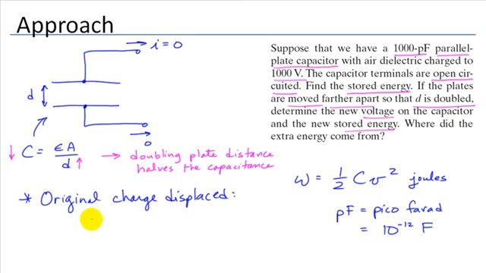Now the original charge that was displaced is the capacitance times the voltage. So we have the 1000 picofarads times that 1000 volts. Again, these are provided as part of the original problem statement. So that will give us some number of coulombs.